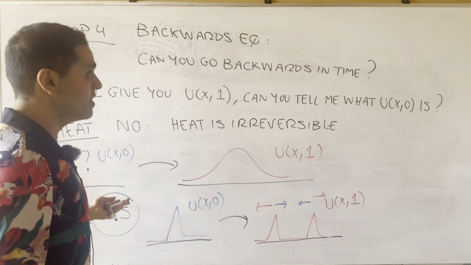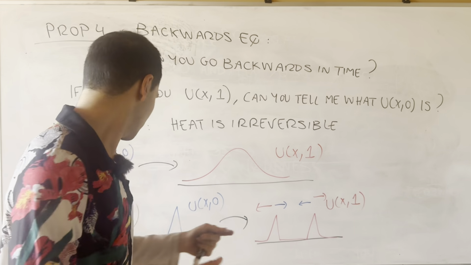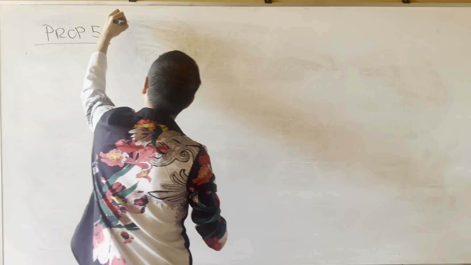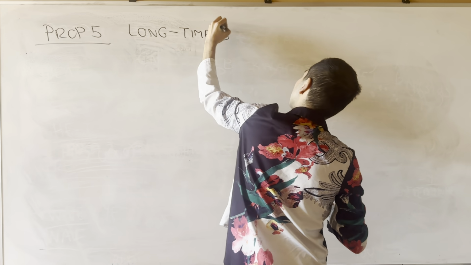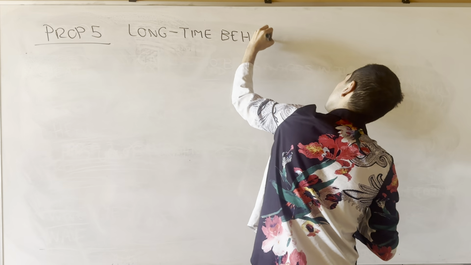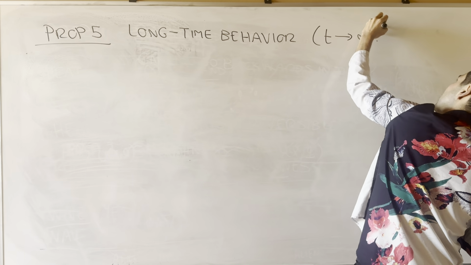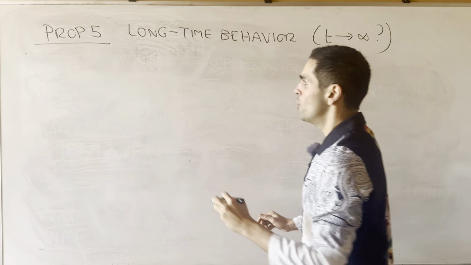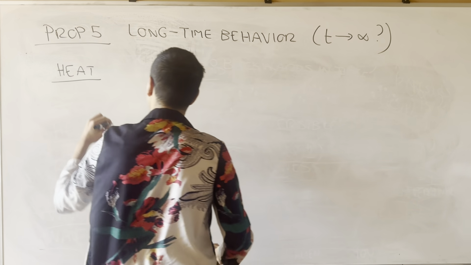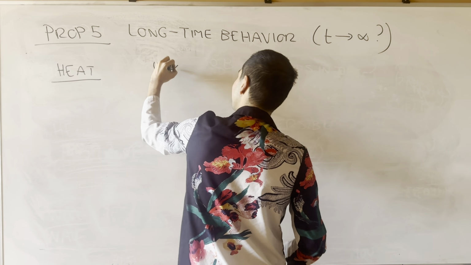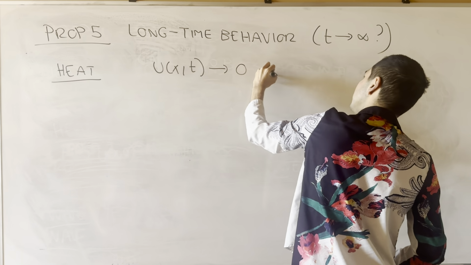And last but not least, let's figure out what happens for long time. So prop 5, long time behavior. In other words, what happens as t goes to infinity? And remember, for the heat equation, we have that u of x,t goes to 0 as t goes to infinity.